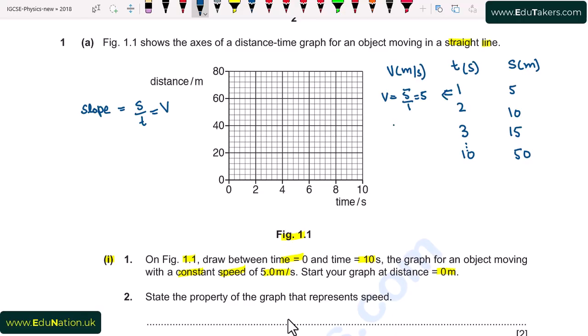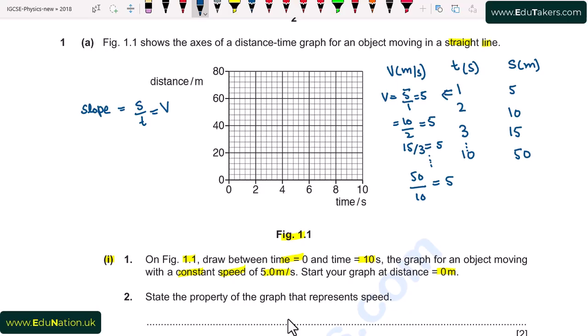In the second case, it is 10 over 2, which is also equal to 5. In the third case, it is 15 over 3, which is also equal to 5. Going in this way, the last one is 50 divided by 10, and it is equal to 5. Here you can see that the speed remains constant, that is 5 meters per second.